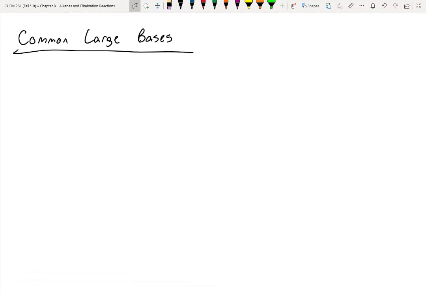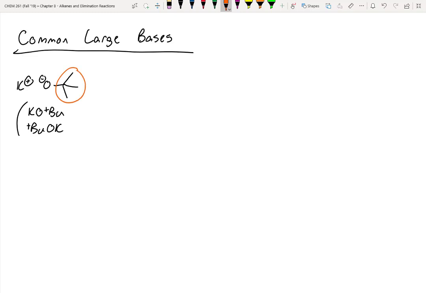The first one that we've seen is potassium tert-butoxide. This one's really common. It can be shown in your textbook a few different ways. Sometimes you see it written like this, KOtBu. Sometimes you see it written like this, tBuOK.